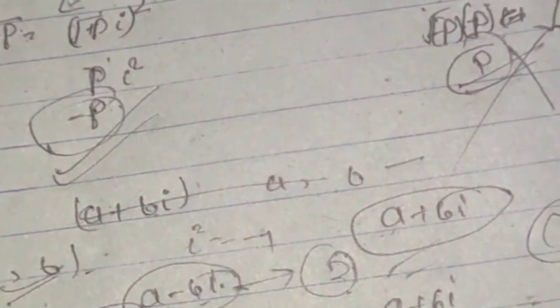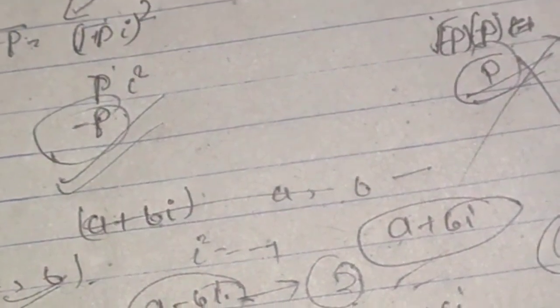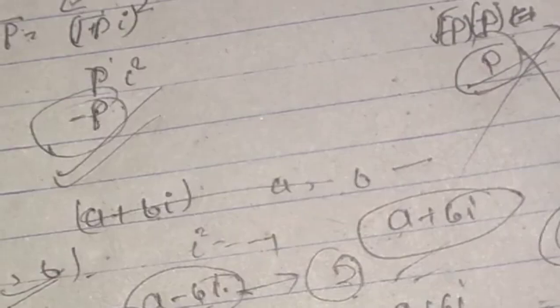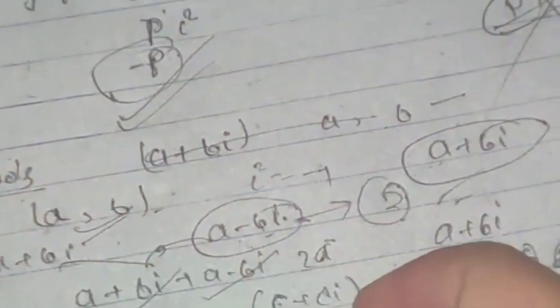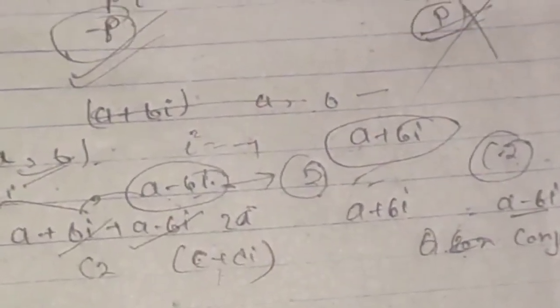Why are the conjugate signs minus? Think about that, what is the conjugate. Now a new topic: two complex numbers are equal. Think a little bit about when two complex numbers are equal.